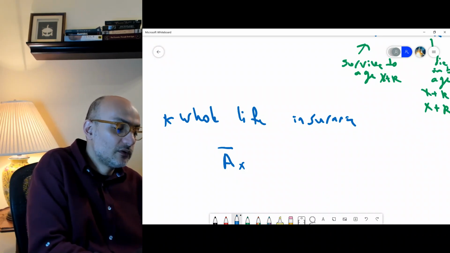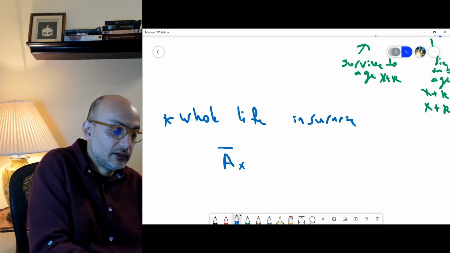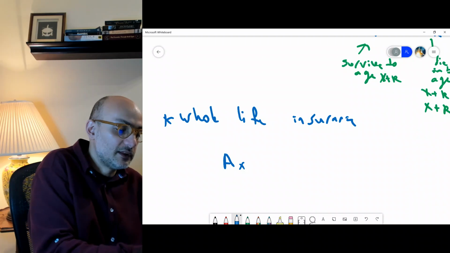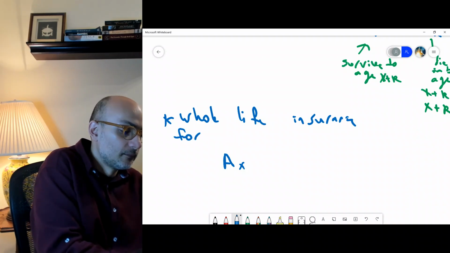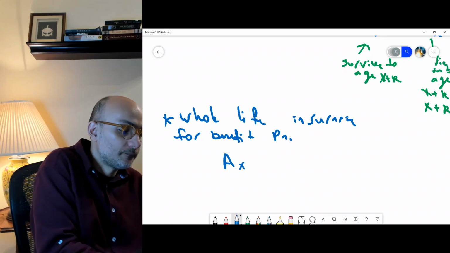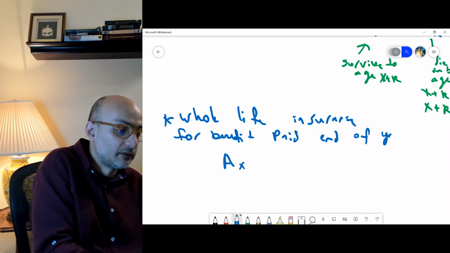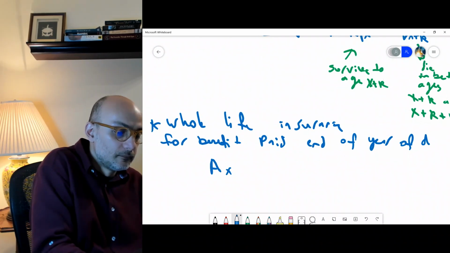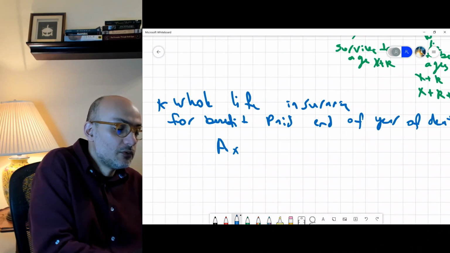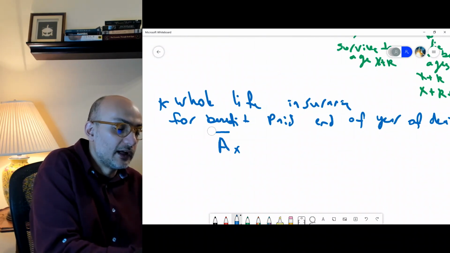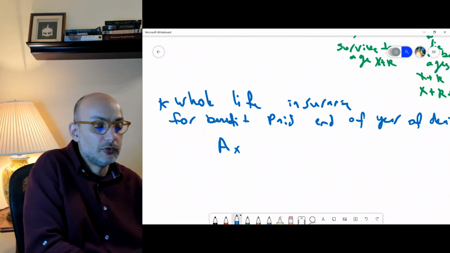But now for benefit paid at the end of the year of death, we remove the bar. The bar means paid at the moment of death, so we remove the bar.